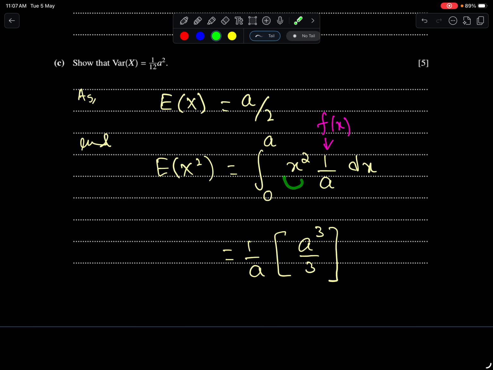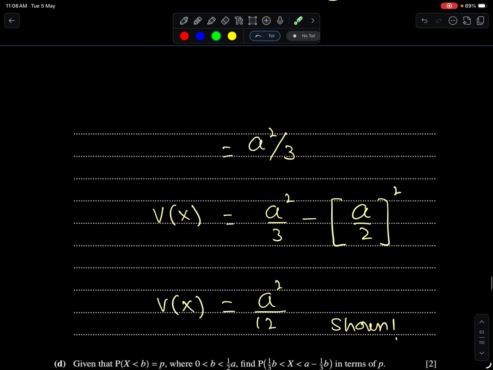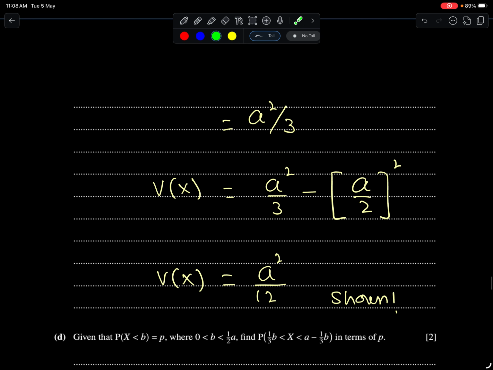Now just integrate this x square and bring the 1 upon a outside. So this is x cube upon 3. Apply the limits 0 and a. So it's a square upon 3, E(x square). And the formula of variance is E(x square) minus the square of the mean. That's it, this is the variance.